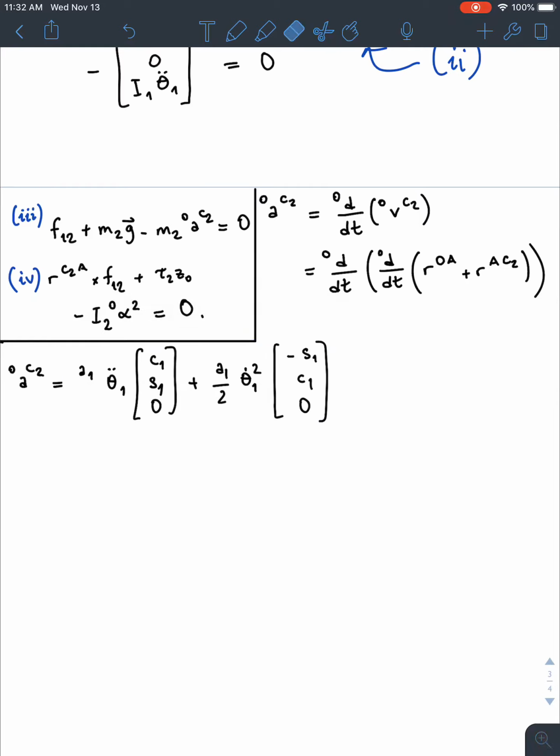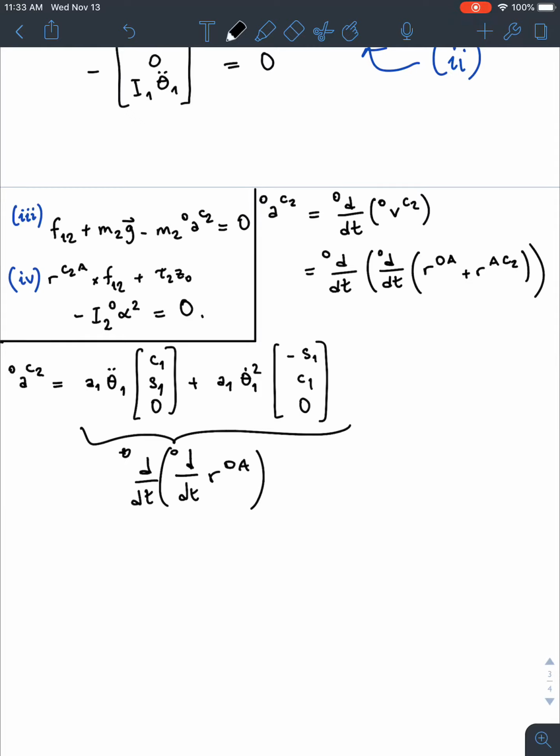I don't need that divided by 2 actually, so I just have a1 times that. This is, of course, a double derivative of ROA. What I need to add is the double derivative of RA to C2. Okay, so let's try and do that.